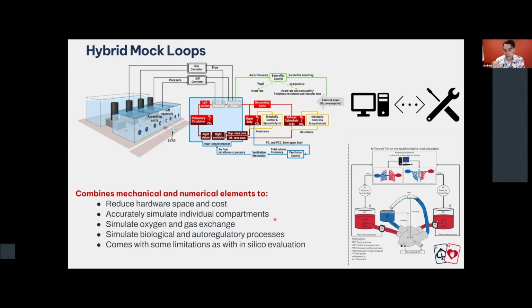If you wanted to, you could simulate all of the different compartments and how blood flow is distributed through those different compartments in the computational side, and then feed that back into your mock loop so that you can get a more sophisticated approximation of the blood flow through the different aortic compartments. It really depends on what you're looking at.